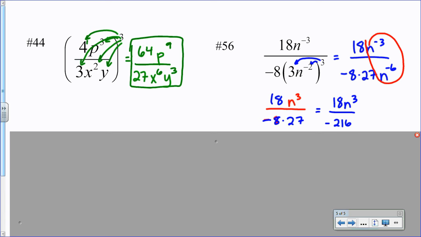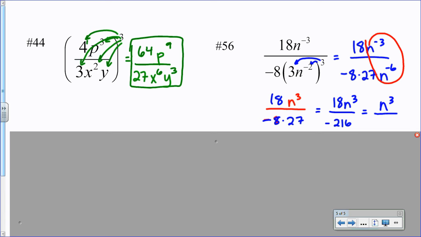So does 18 over negative 216 reduce? Yeah, it does. And you knew it would because these reduce. So therefore, these are going to have to reduce. What does it reduce to? 1 over 12.